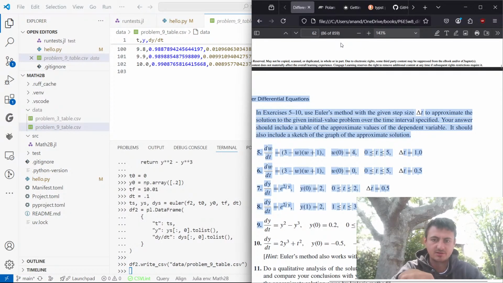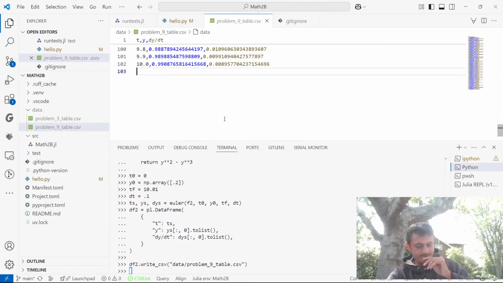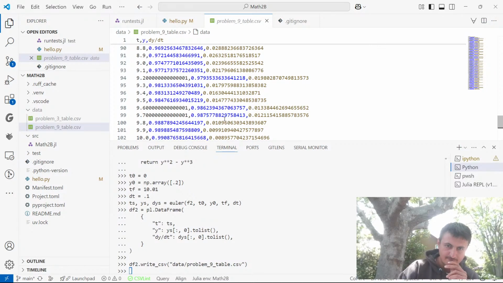Okay, so wait, hold on. Let's actually think about this. If you factor it, it's y squared times 1 minus y. Unless y is actually negative, this thing is not going to be decreasing. If y is greater than 1, however, then it'll decrease.